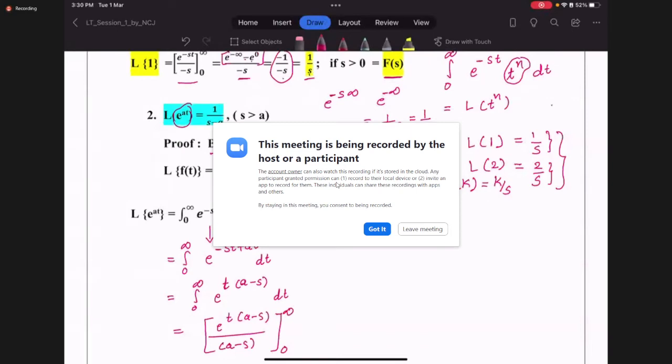Now I am substituting infinity in place of t. 1 upon a minus s is a constant, so I take it outside: e raised to infinity minus e raised to 0.